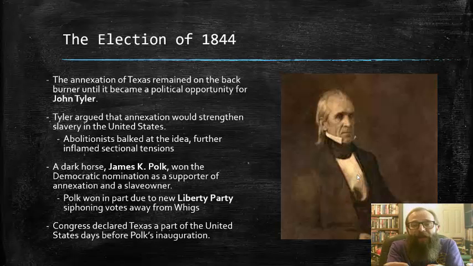This party siphoned votes away from the Whigs, which almost ensured, and in fact did lead to, the victory of James K. Polk in the election of 1844. Congress, in Democratic hands at the time, declared Texas a part of the United States days before the inauguration of James K. Polk.